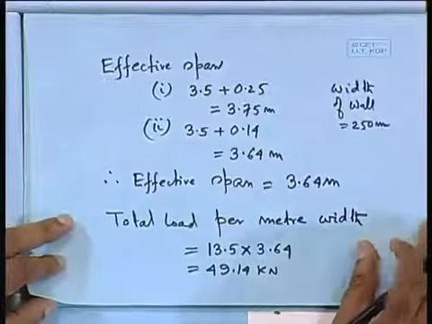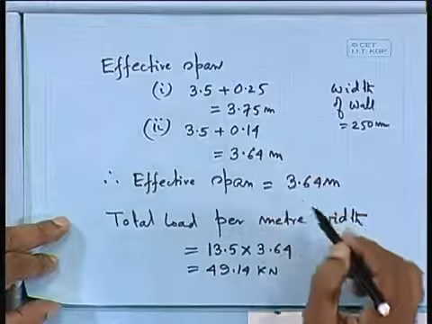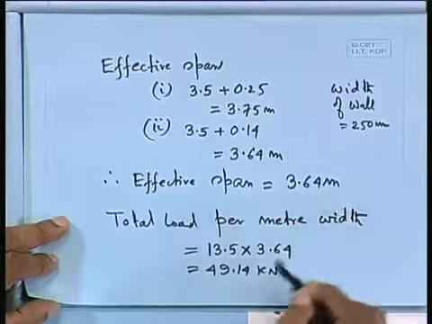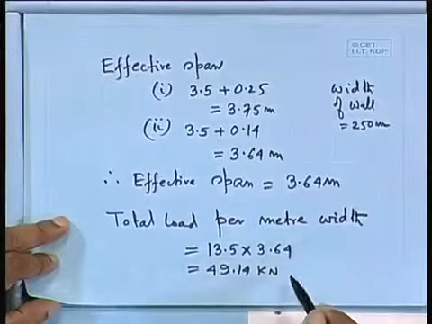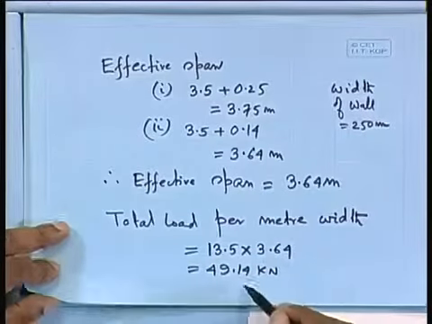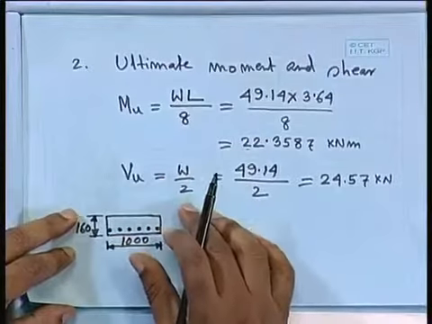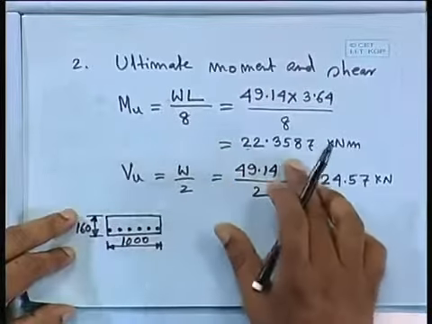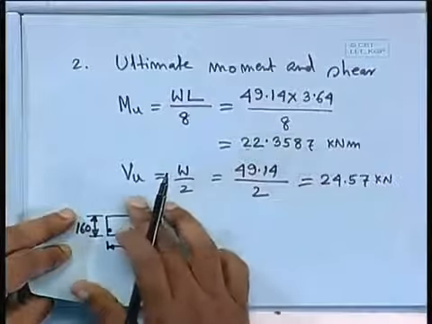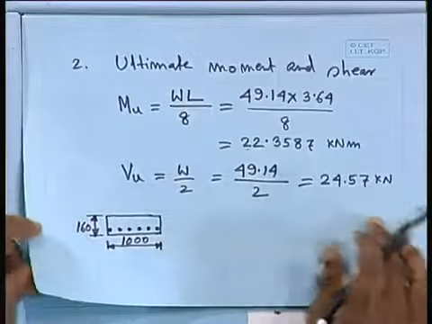We calculated the effective span, the lesser of the two, that is 3.64 meter, and total load per meter width of the slab, that is 49.14 kilonewton. Finally, we got the ultimate moment and shear for design: Mu equal to 22.3587 and Vu, the shear force, 24.57.